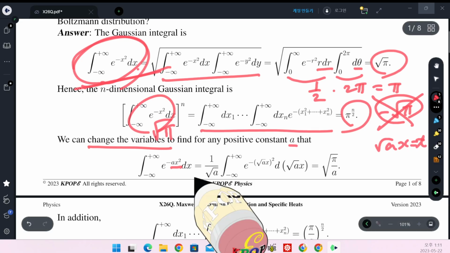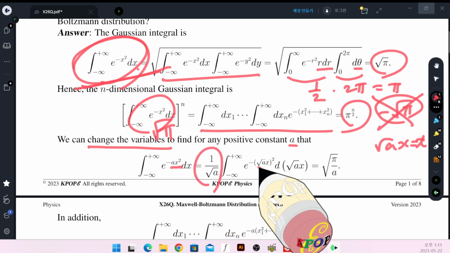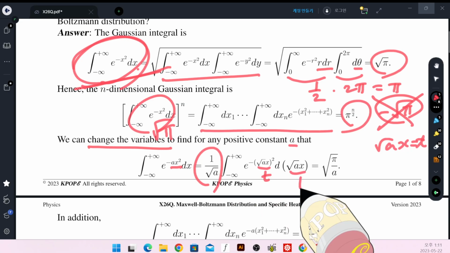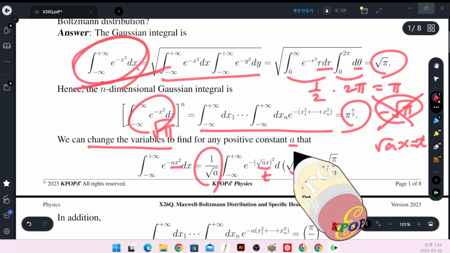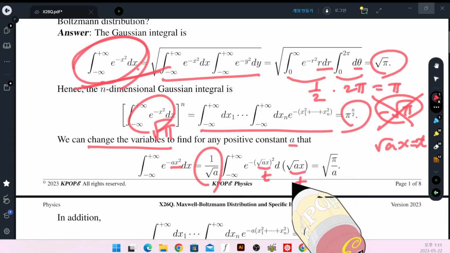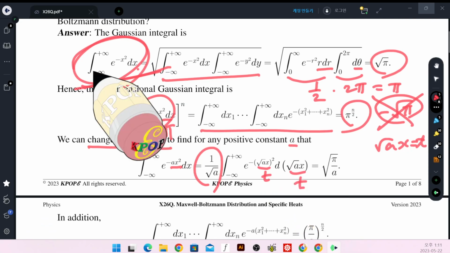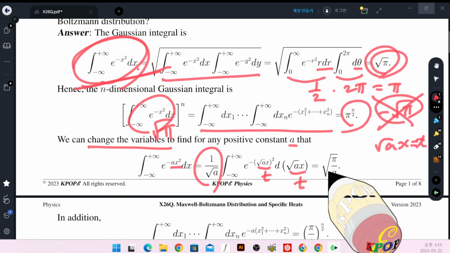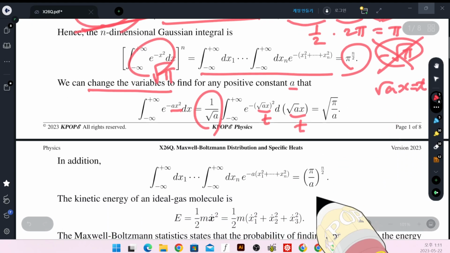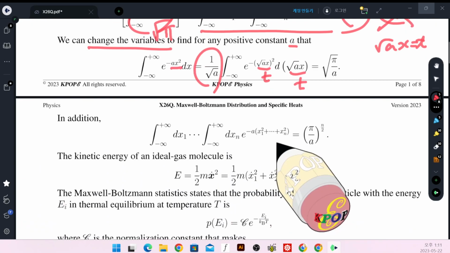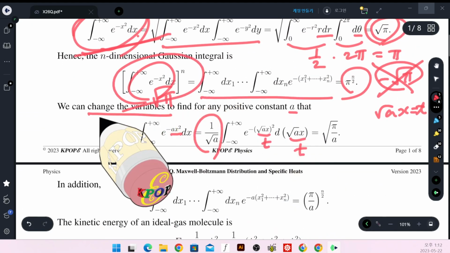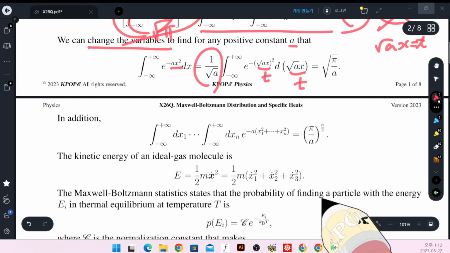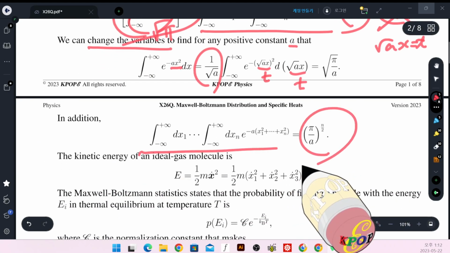Then we eventually have an overall factor, and this one is to be replaced with t, and this dummy integral variable can be replaced again to x to find that this is a square root of pi. As a result, this integral is a square root of pi over alpha. If we repeat that calculation, the general form of this integral is eventually expressed as square root of pi over alpha to the nth power.